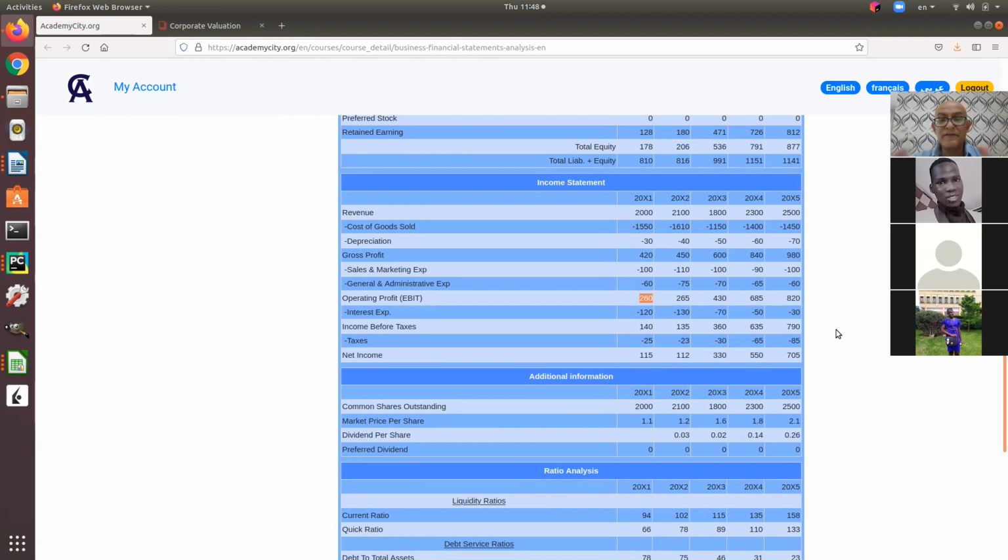This is a very important number, known as EBIT, earnings before interest and taxes. After all, this is the bottom line. How much profit has this company generated that will be available to pay interest, available to pay taxes, and at the bottom line, how much profit I'm giving my equity owners.